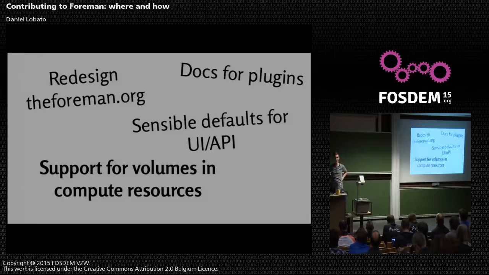They want to get block device mapping, Cinder volumes. We can create virtual machines with volumes, but not with pre-provisioned volumes. So basically, any work that helps us introduce some storage in hosts, I think it will be highly appreciated.